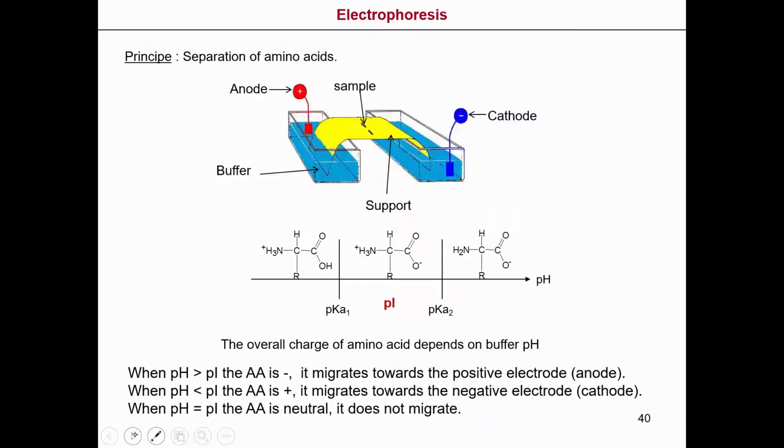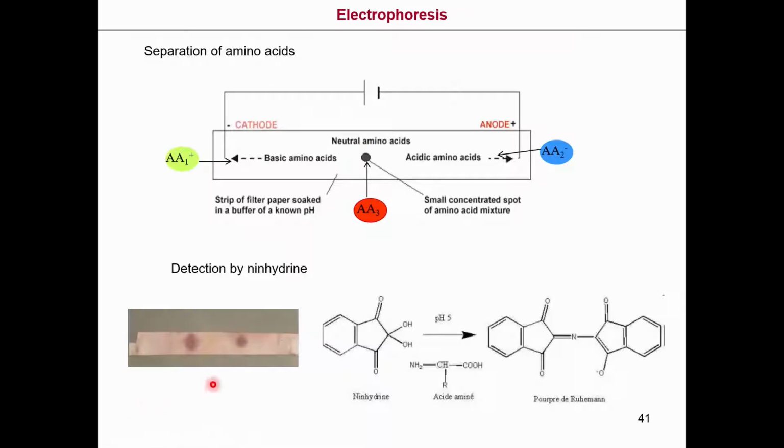At the end of the electrophoresis experiment, you can detect the amino acids with ninhydrin. It's a compound which can react with the amino group of the amino acid, and it becomes purple. Okay, so at the end of the experiment we can detect where our amino acids are.